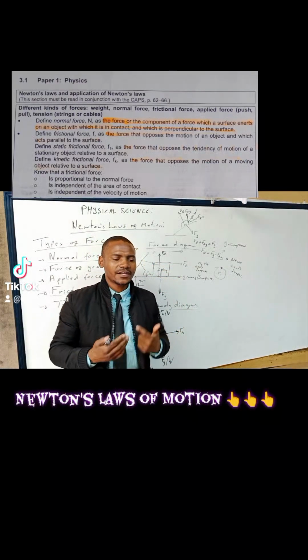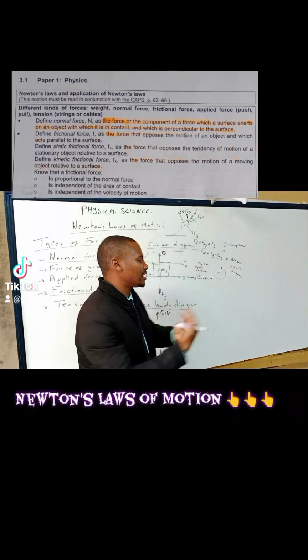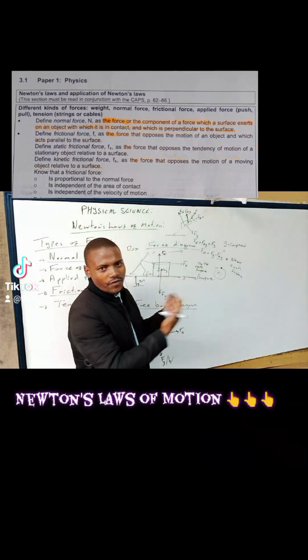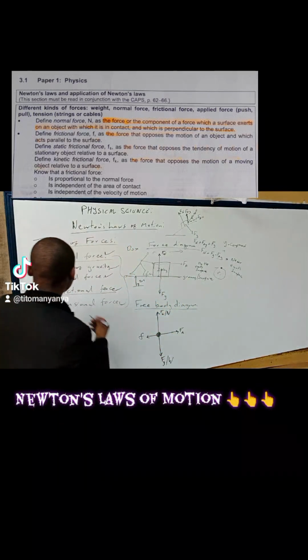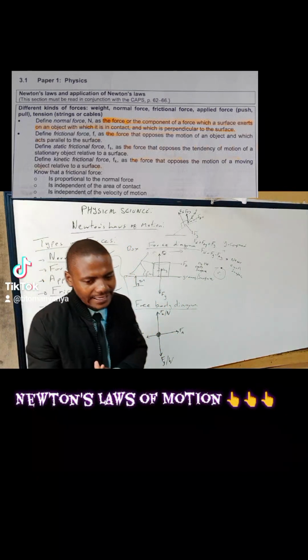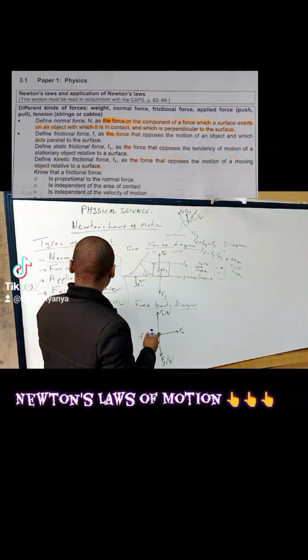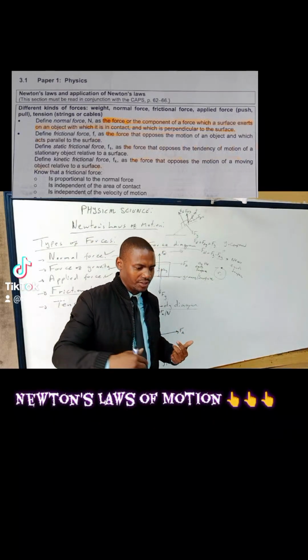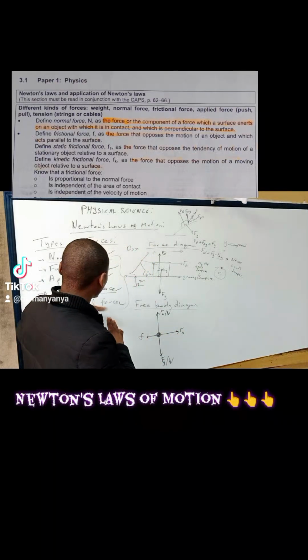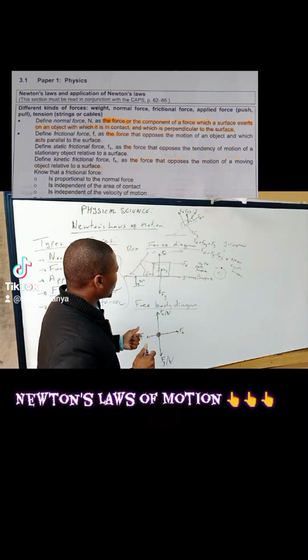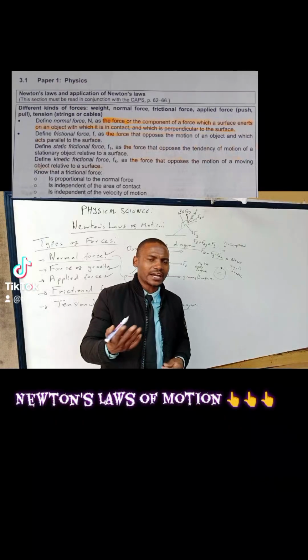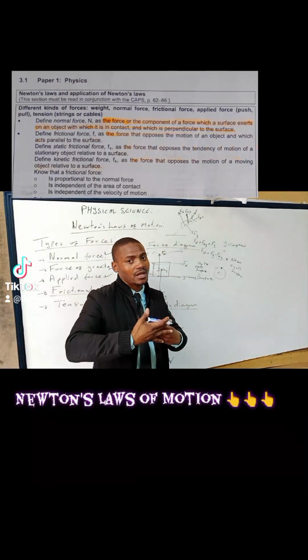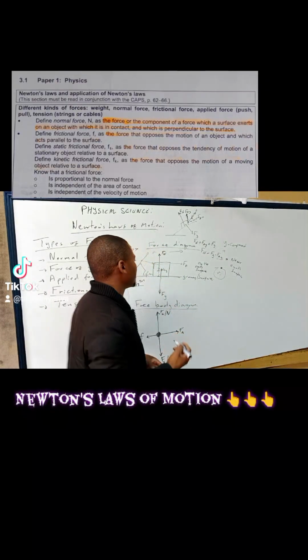So in other words, frictional force always opposes the motion of an object. Frictional force can be kinetic friction or static friction. Kinetic means a moving object. Static, an object that is not moving. So, about the definitions, guys, I'll just give you the definitions.